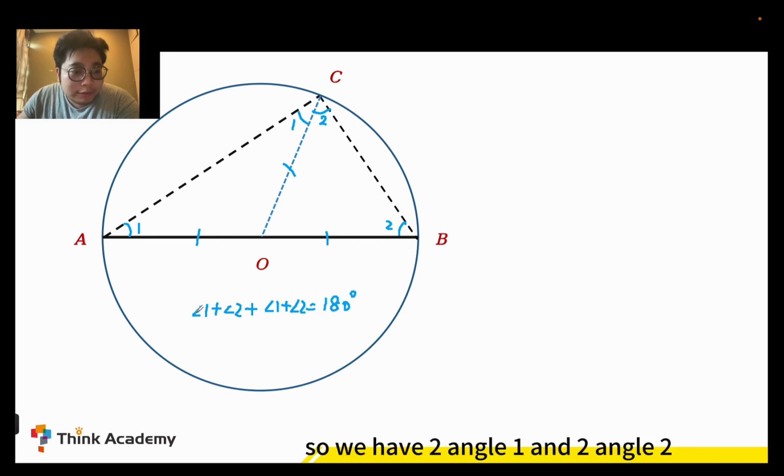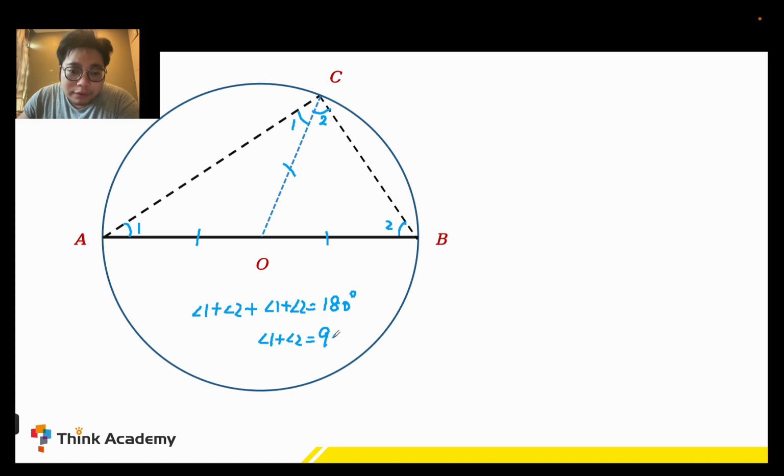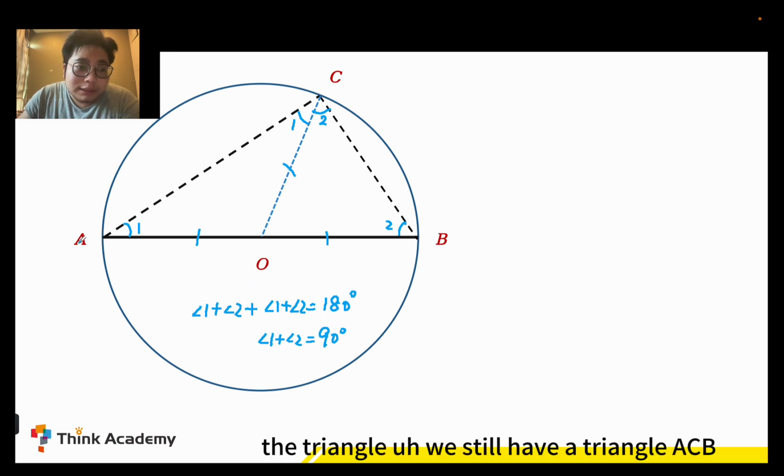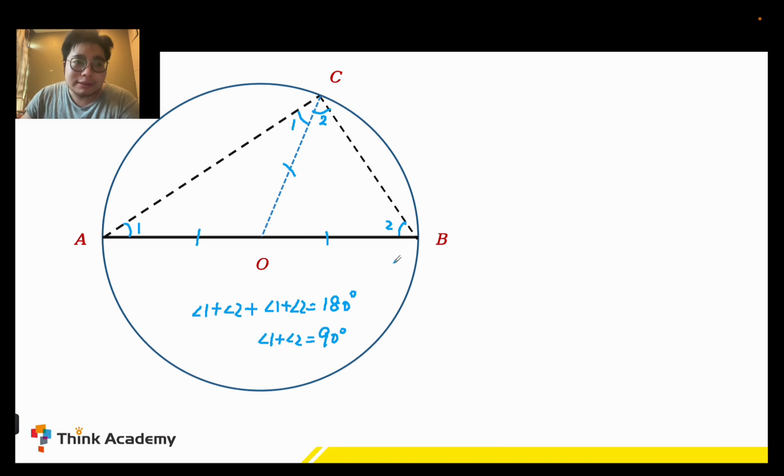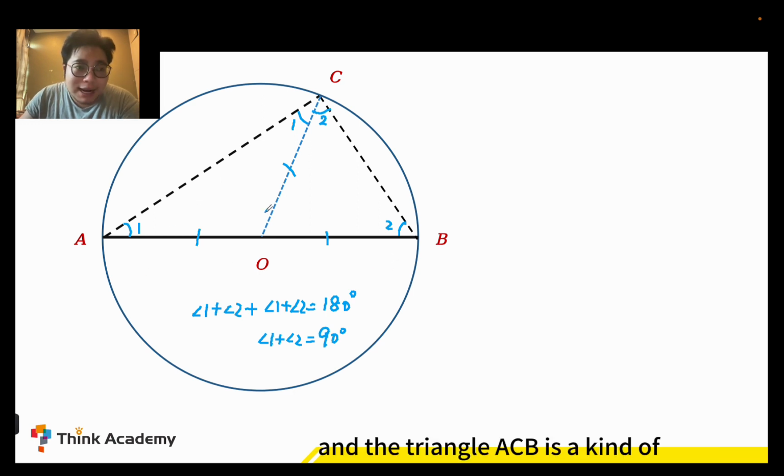So we have 2 angle 1 and 2 angle 2, which means angle 1 plus angle 2 equals 90 degrees. No matter where we choose point C on this circle, we still have a triangle ACB, and triangle ACB is a right angle triangle. The angle ACB is 90 degrees.